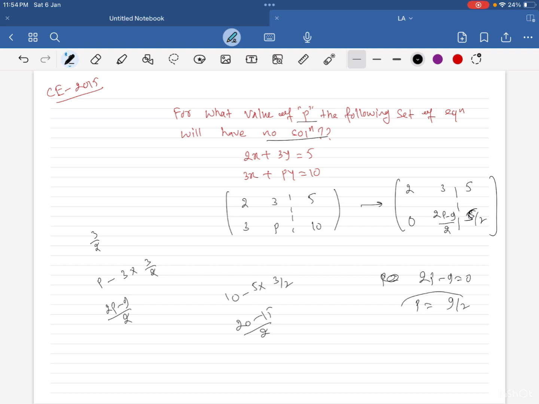If we take p equal to 9 divided by 2, this is going to be 0, right? On the left hand side this is 0, on the right hand side we have something else. So 0 is not equal to 5 by 2 for p equal to 9 by 2. So for p equal to 9 by 2, we will have no solution. That means 4.5 is the correct answer for this.